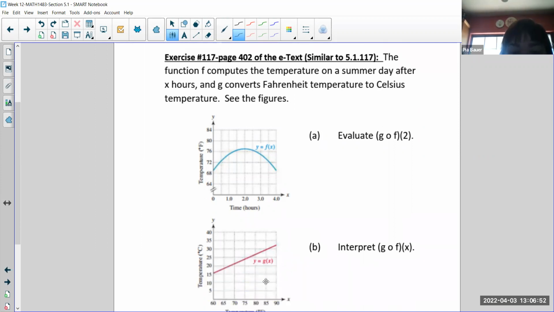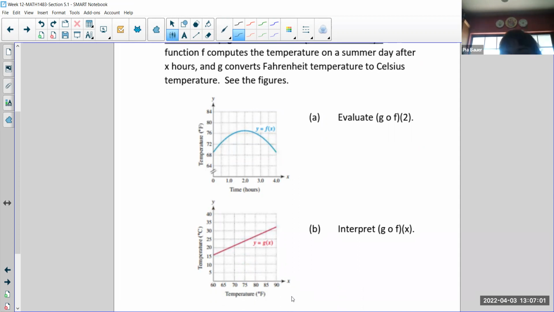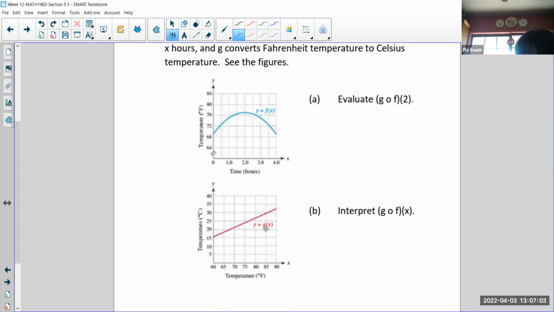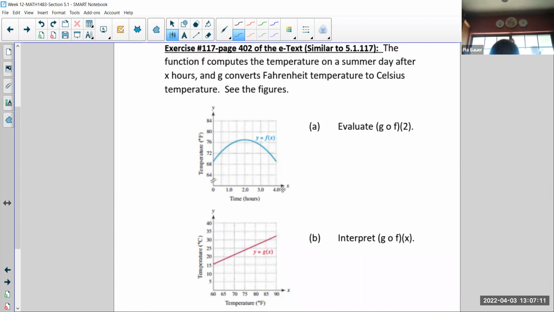However, the function g of x is taking whatever the Fahrenheit temperature is and changing it into Celsius. So you notice here, the graph of g of x, these are the temperatures in Fahrenheit, and these are the temperatures in Celsius, where in F, the x values are the times in hours, and the y values are the Fahrenheit temperatures.